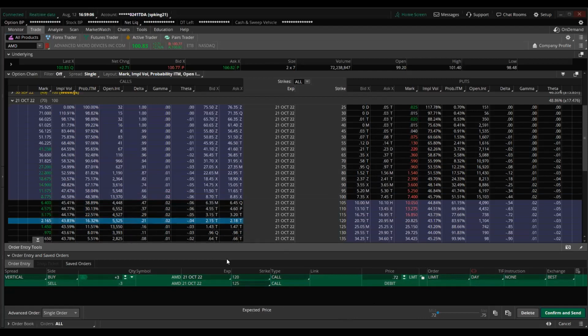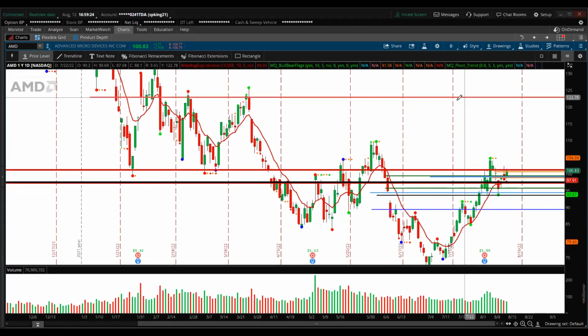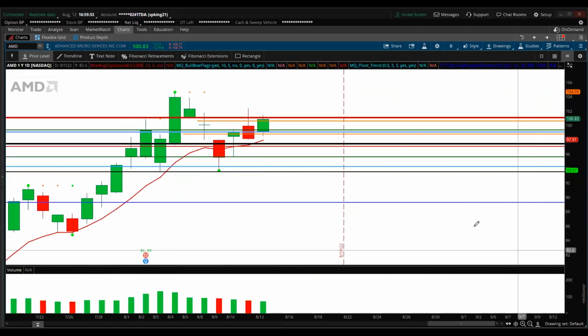Okay. So anyway, in this example, we would look at 120, 125. Our cost on this is, let's say, 75 cents. So that means break even on this is 120.75. Go back to the chart here, and my levels are 120, 125. My stop is going to go down below this pivot here, right down here.